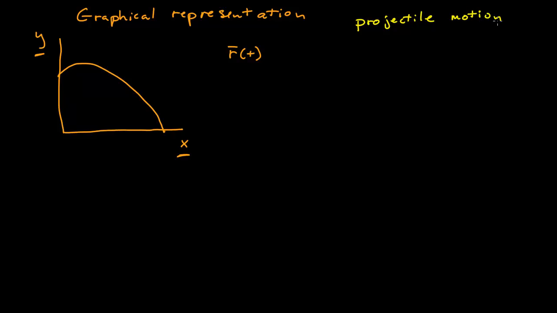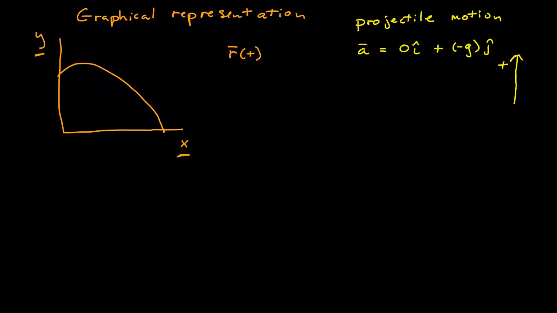Now for projectile motion, we have an acceleration vector that has 0 in the x direction. And let's give it a negative g here in the y direction. Since it's a negative, I'm assuming that I have my positive y going up. It doesn't have to be, but for this example, we'll do it that way.